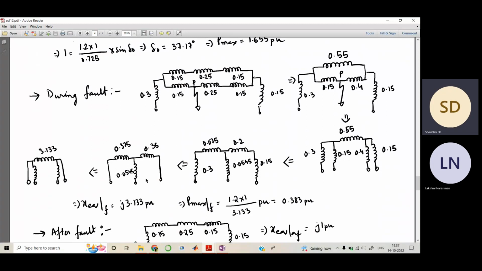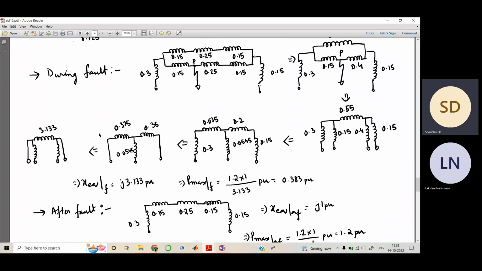Now this is the equivalent network. Again, what we do is try to convert this star network into a delta network.